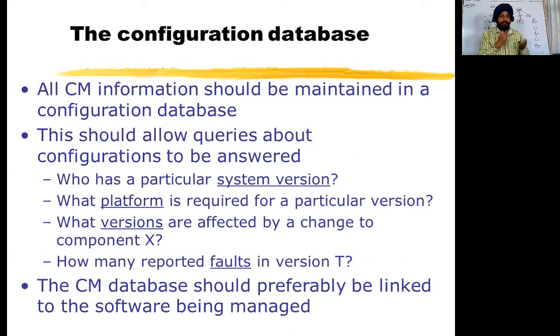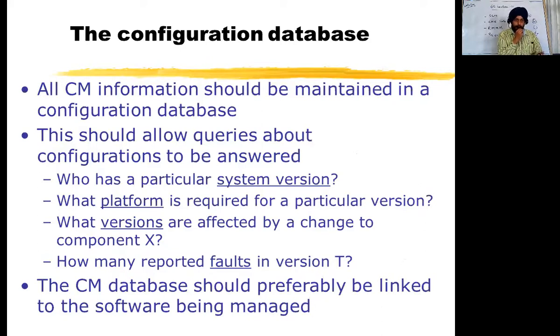Actually, a database has to be prepared, known as the configuration database. That database will have everything in its record: what identification you have done, what changes you have identified, what modules you are going to change, how the change has been brought, who has a particular version, and what platform is required for this particular version.